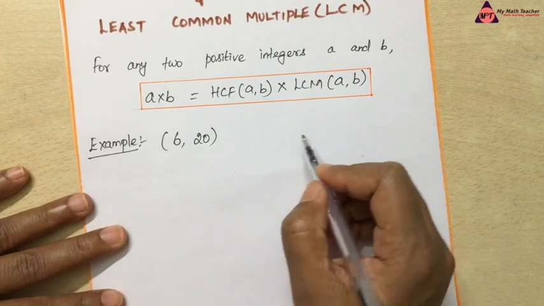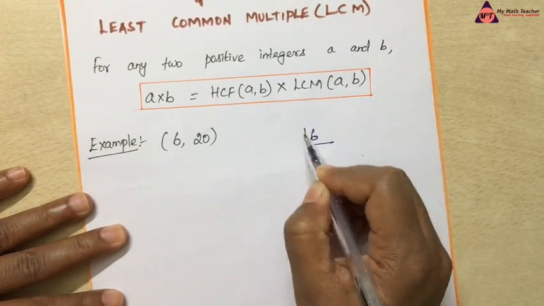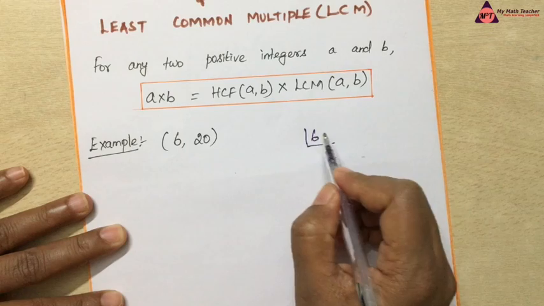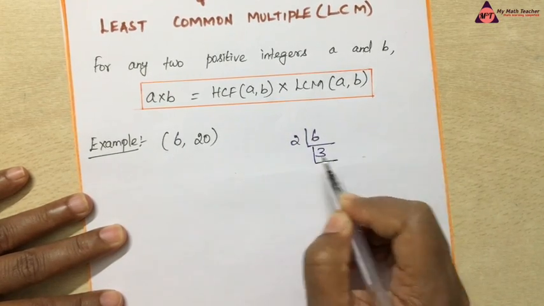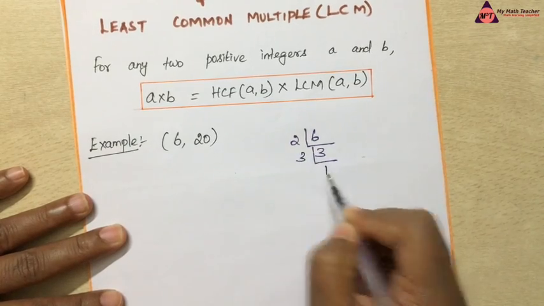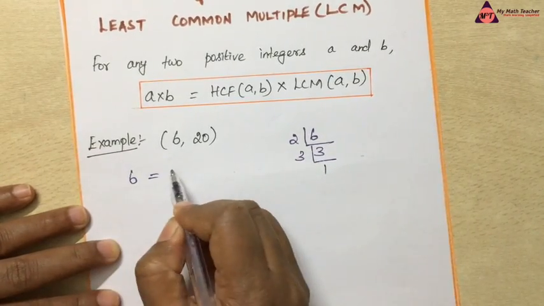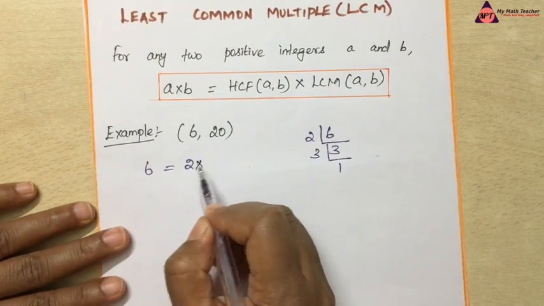So, first of all, take the number 6. Divide by the prime factors. Let us start with the number 2. 6 divided by 2 is 3, 3 divided by 3 is 1. So 6 can be written as 2 multiplied by 3.